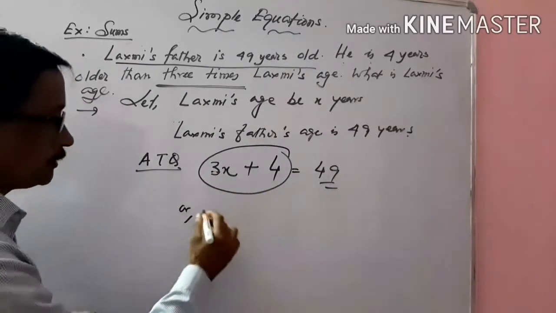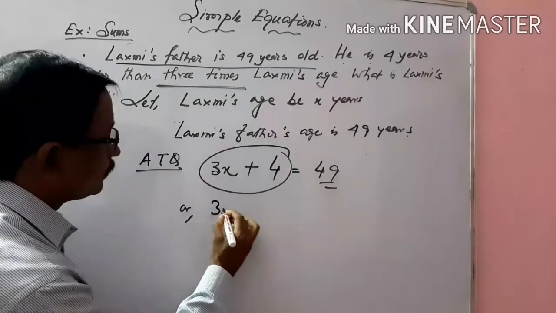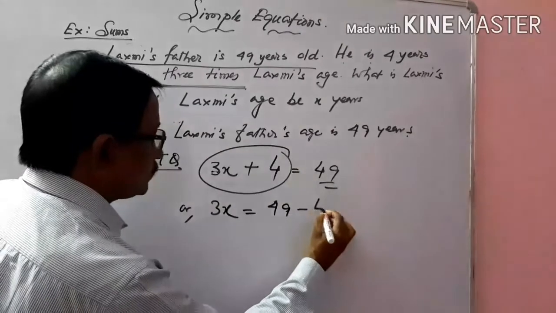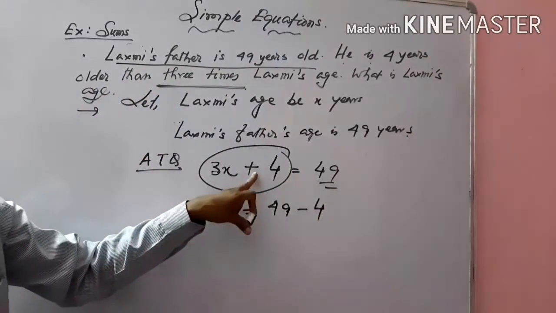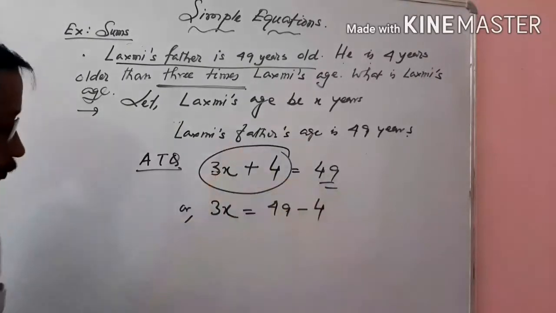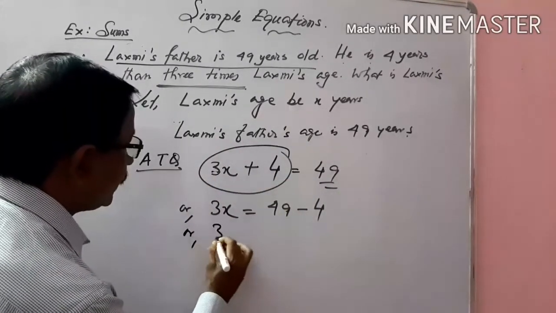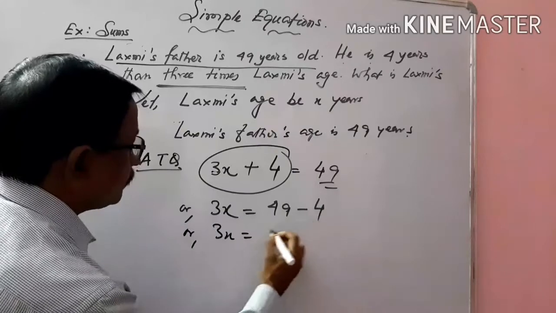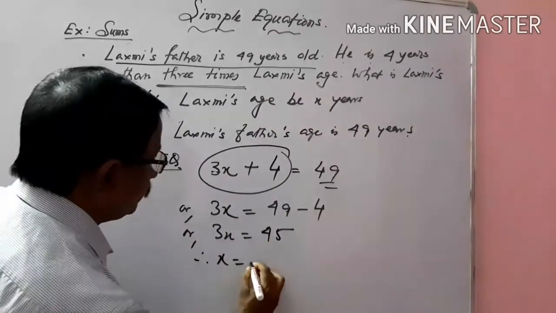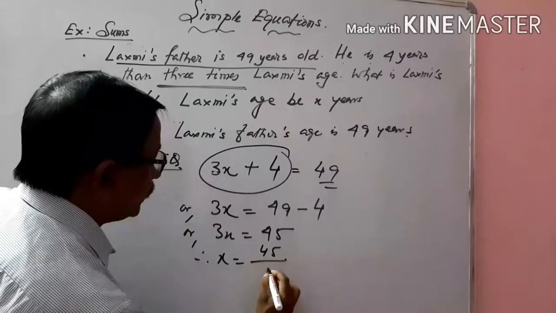Next step, you solve this one. How do you solve? We can write 3x equal to 49 minus 4. Once you change the side, plus 4 to the right hand side becomes minus 4. Then you write 3x equal to 49 minus 4, that is 45. So therefore x is equal to, of course, 45 by 3.